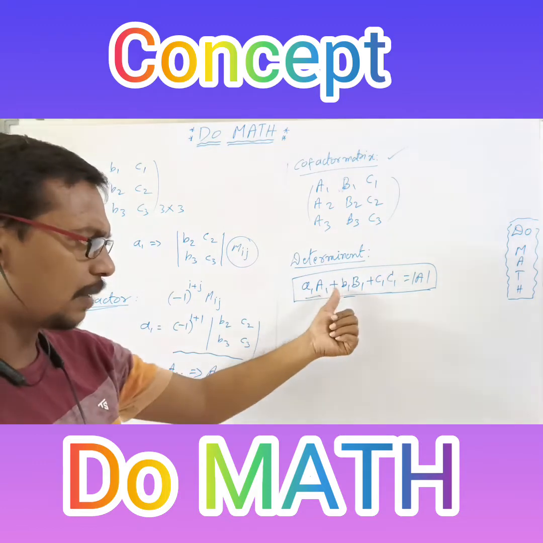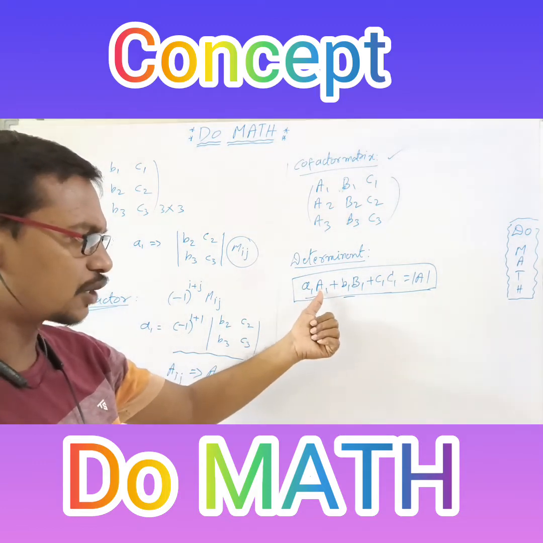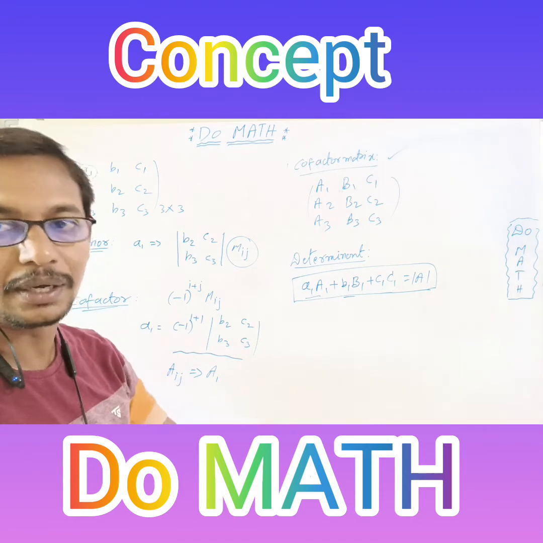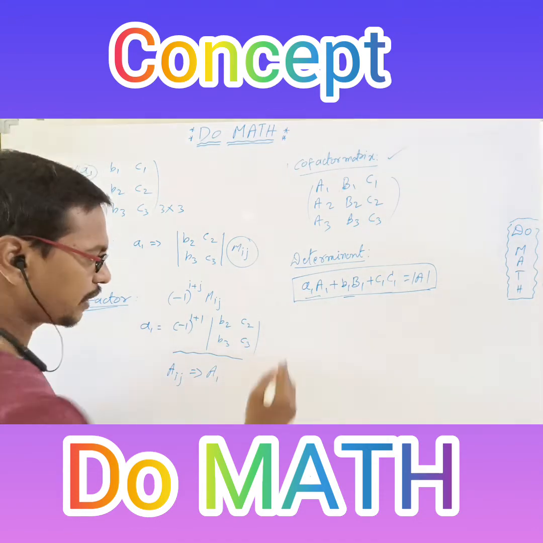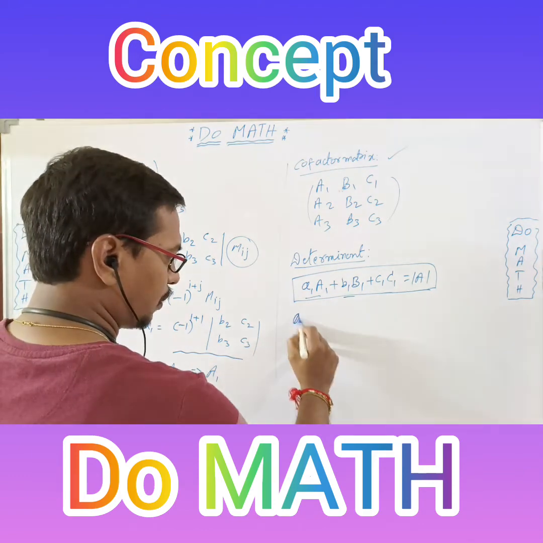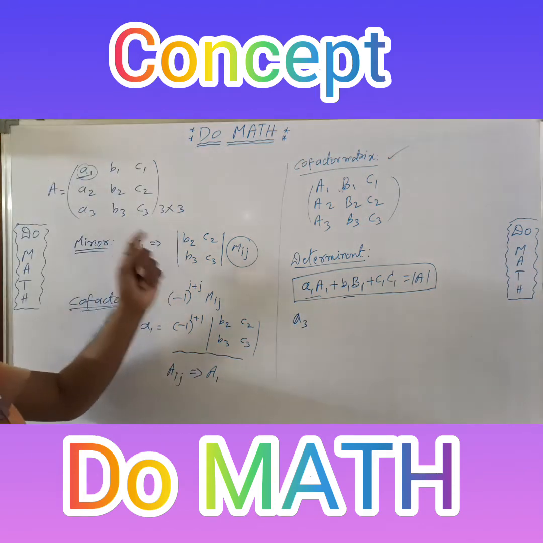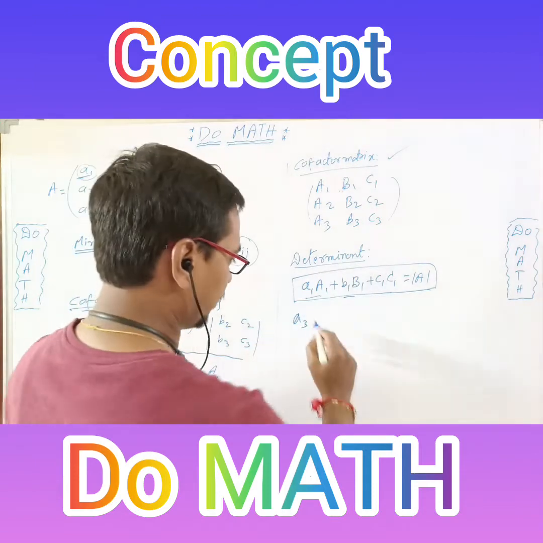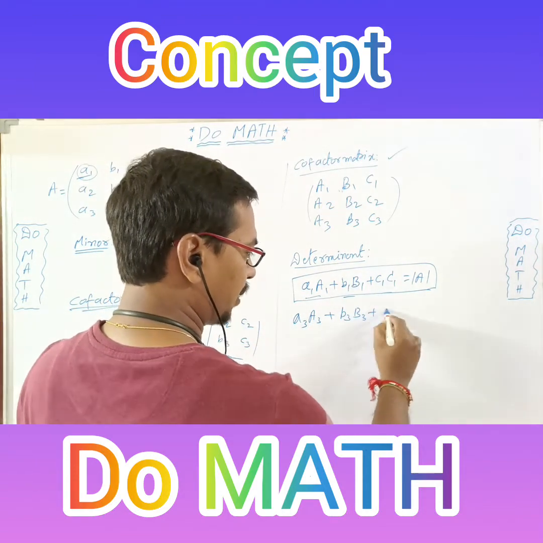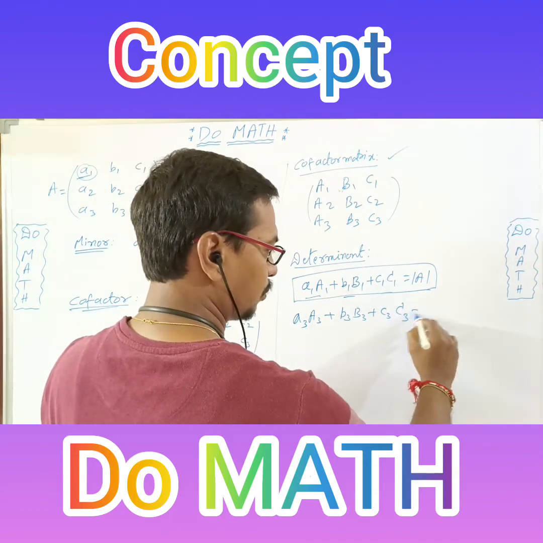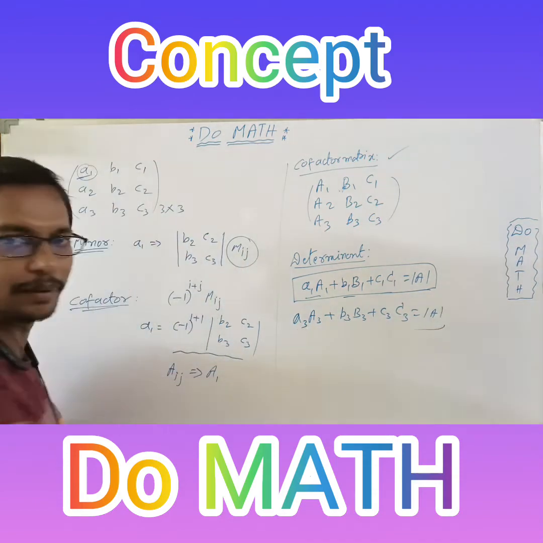And the sum of the products of the elements with the corresponding cofactors in any row or any column, you can take any row, any column. I can take the first row, or suppose I take the third row. The third row elements are A3, B3, C3 and the cofactors are capital A3, B3, C3. That means A3 capital A3 plus B3 capital B3 plus C3 capital C3, which is denoted by the determinant.